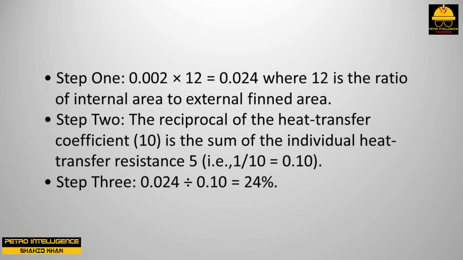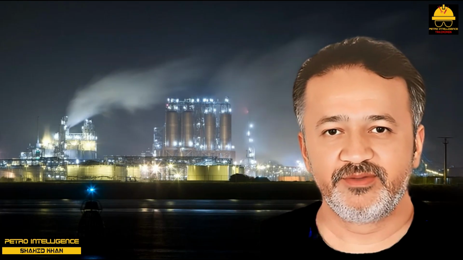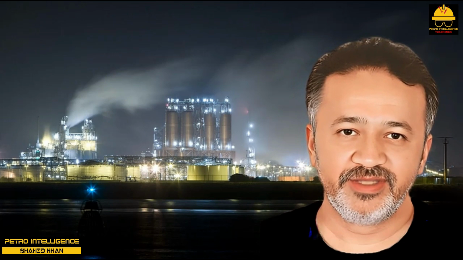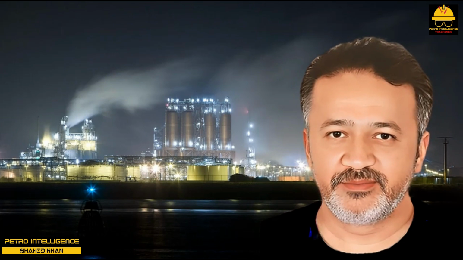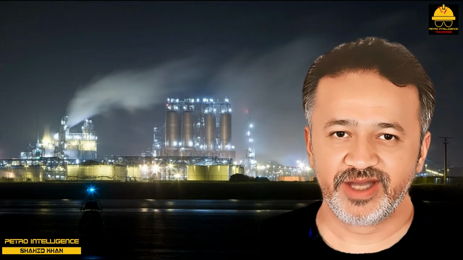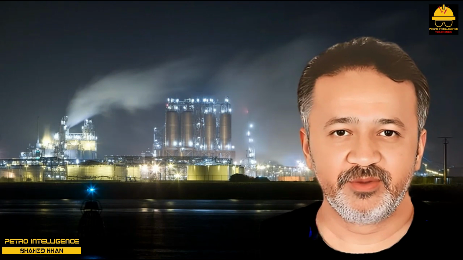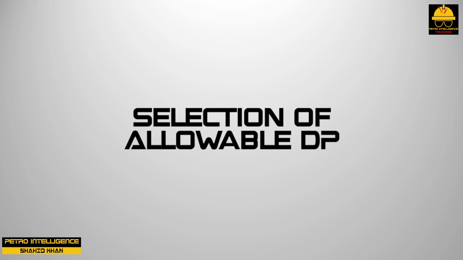Step 3, 0.024 divided by 0.10 equals 24%. For ordinary tubes, I never bother about the small effect of the ratio of outside area divided by inside area. But for finned, studded, or serrated tubes, that is, low fins, this ratio of area factor is really important, as it magnifies the effect on the tube side fouling factor that is selected.